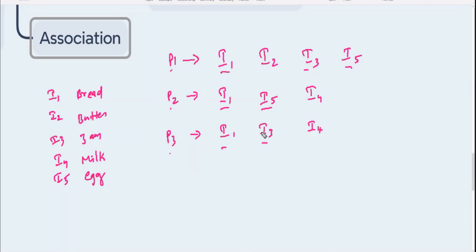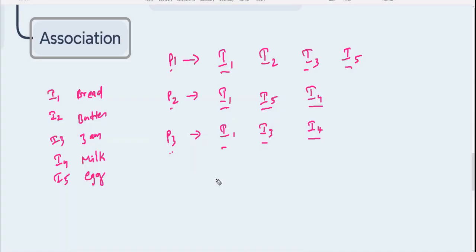Comparing person 2 with person 3, bread and milk are common. So likewise, I will start creating groups: person one and person two means bread and egg. Person one and person three means bread and jam. Person two and person three means bread and milk. Like this, I will create groups.